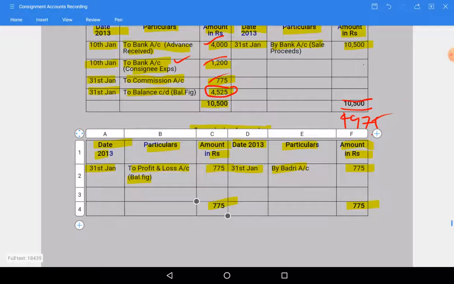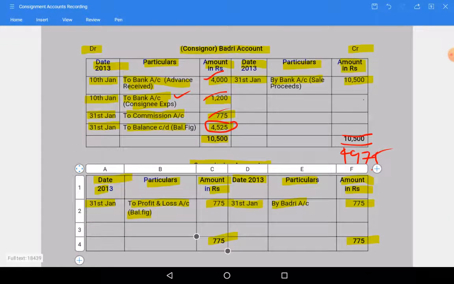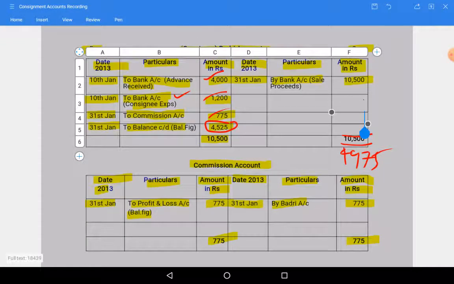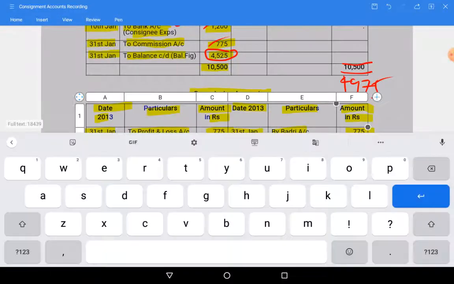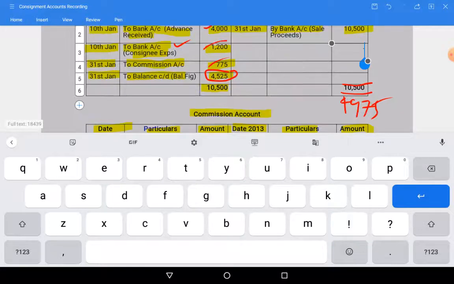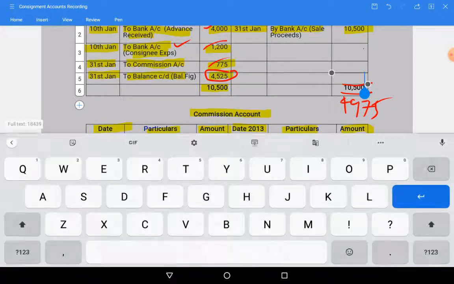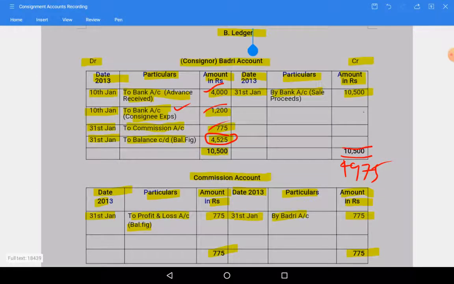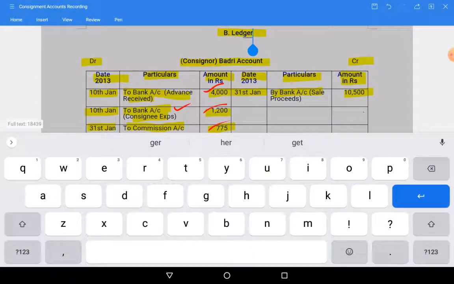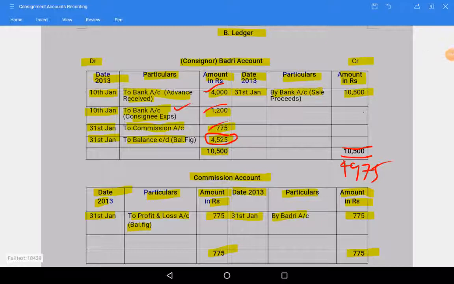consignee. If you want to make a screenshot, take it. One small thing I want to tell you all: please do this problem before finding both general entries and ledger accounts, in the books of consignor and consignee.